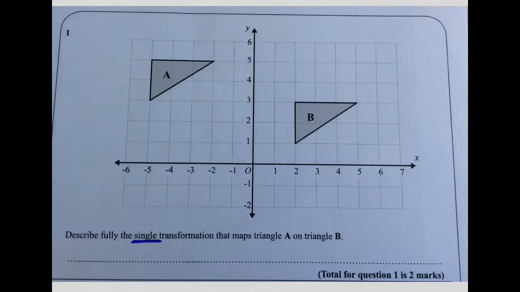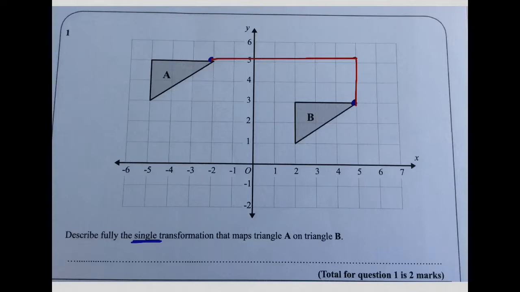If I choose this point on A and the same point on B, then that journey that I'm taking is along there and down to here. I'm going from left to right, so that's positive.